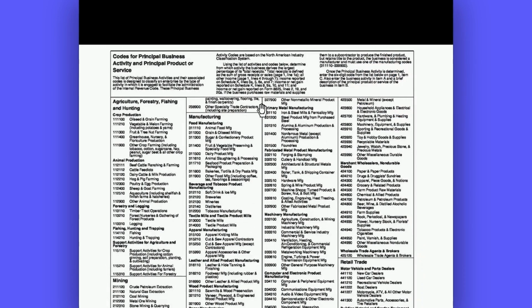I'm just showing you the one page, but you can see for the different types of businesses, there's agriculture, forestry, fishing, and hunting. And then you've got more specific categories underneath that. Over here is manufacturing, and then there's food manufacturing and several different types of food manufacturing, beverage and tobacco product manufacturing, several different types, etc. So you just go through there and you find the code that best fits your business.